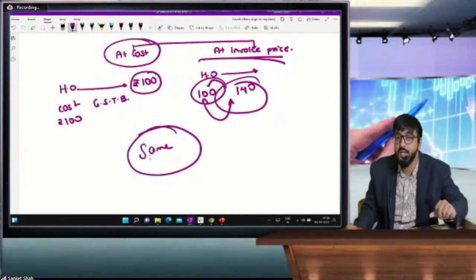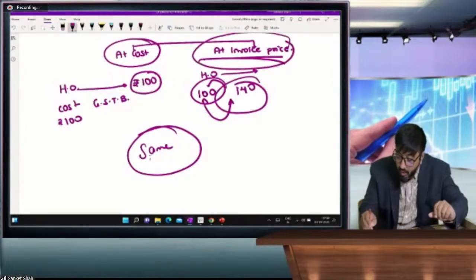if head office does not want to disclose their cost, they will send 100 rupees goods at 140 rupees. And this is called as invoice price. I hope you are now clear with this concept. What is the difference between at cost and at invoice price?